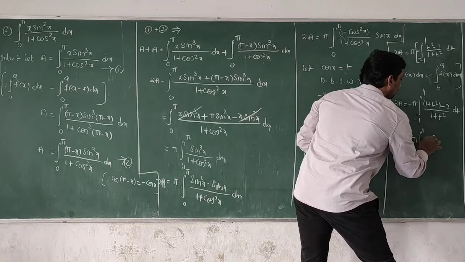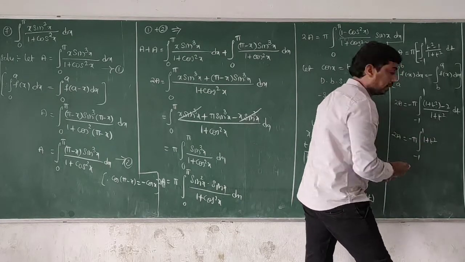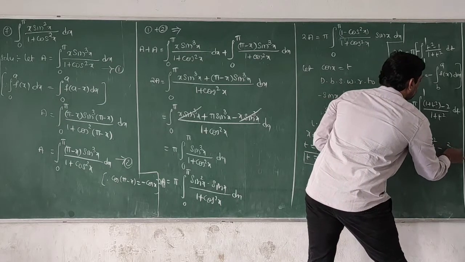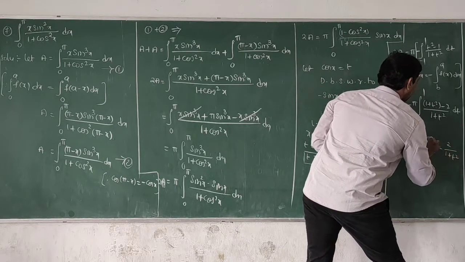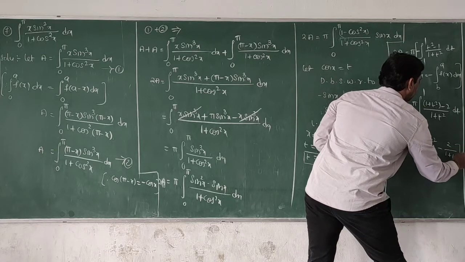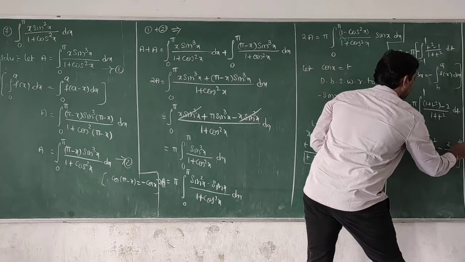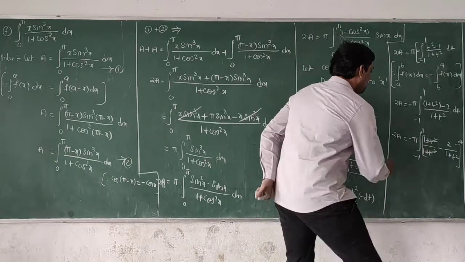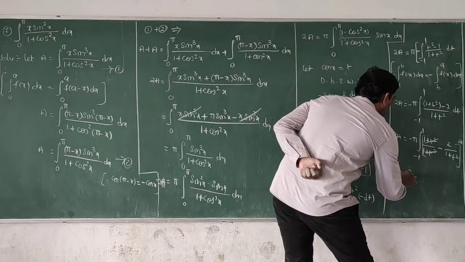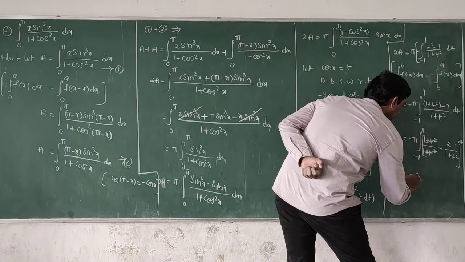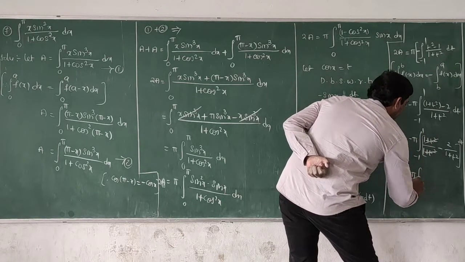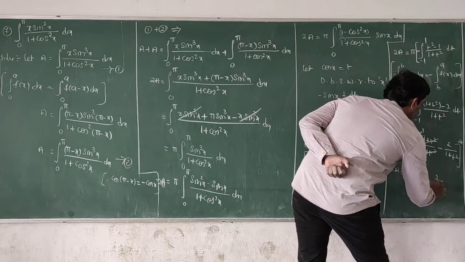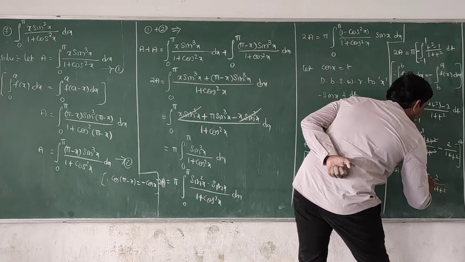Separate the denominator: (1 plus t square) by (1 plus t square) minus 2 by (1 plus t square) into dt. Okay, 1 plus t square cancels.